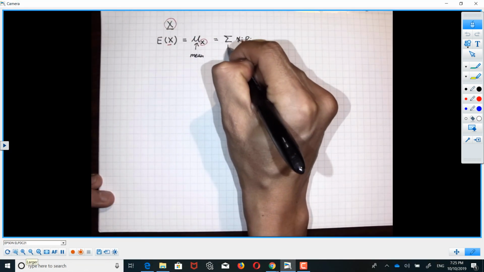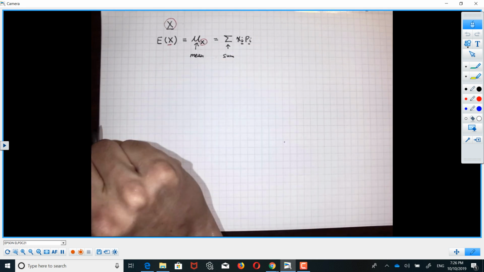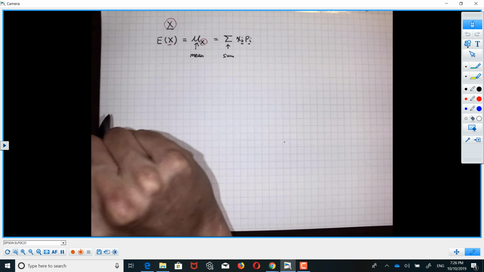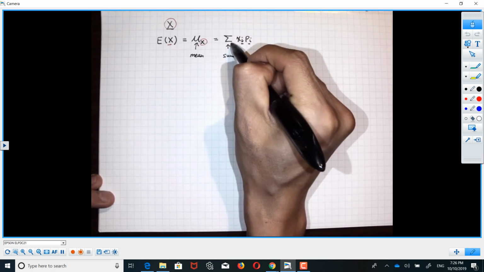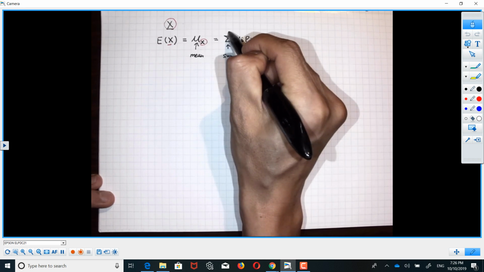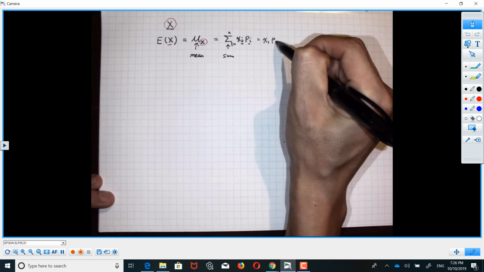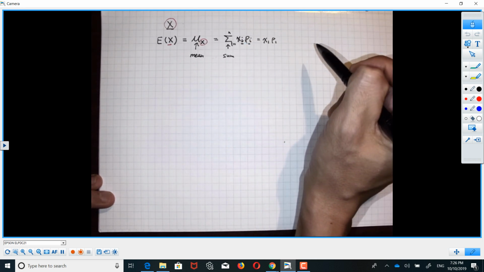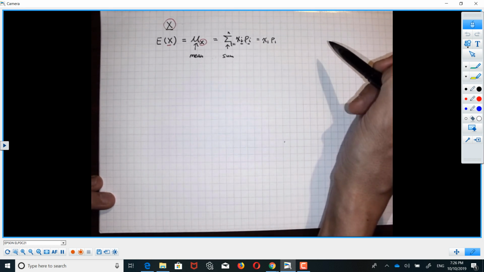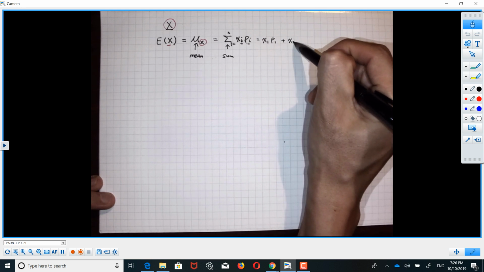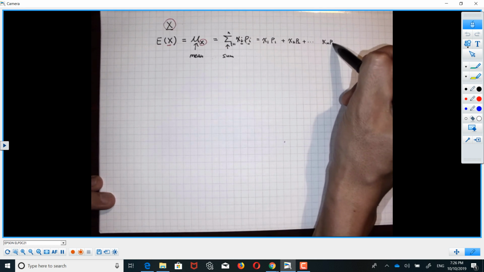You know that sigma means sum, and we can expand this formula as i varies, for example from 1 all the way to n. So that means x1 p1, where p means the probability and x is a value of the random variable, and then x2 p2, all the way to xn pn.